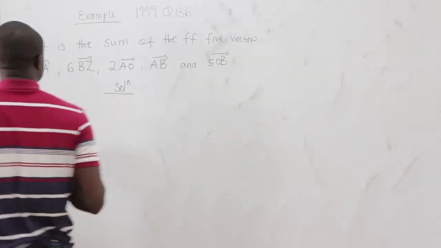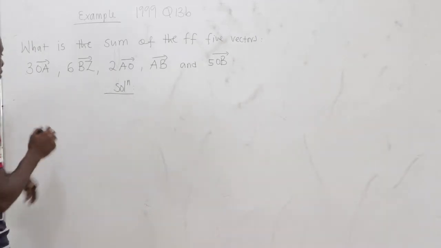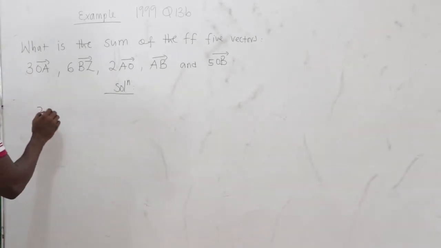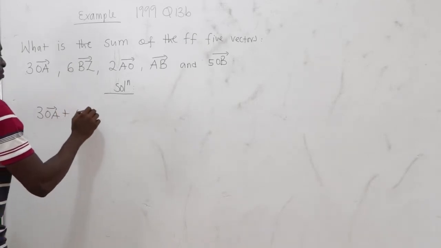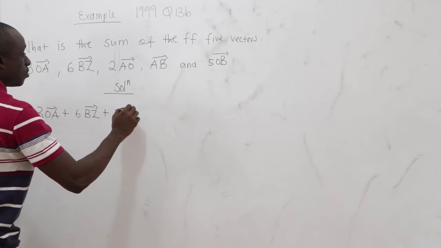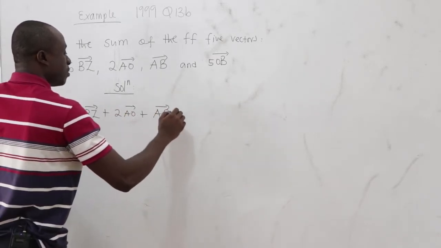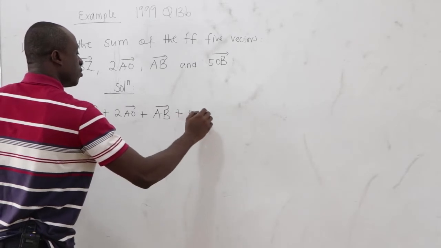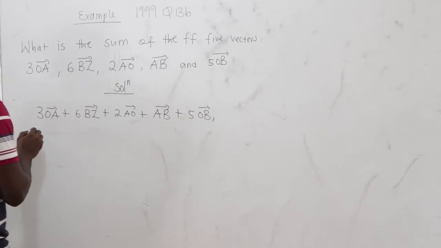Now let's see. So what is the sum of the following 5 vectors? Sum, that is addition. So we have 3OA plus 6BZ plus 2AO plus AB plus 5OB.